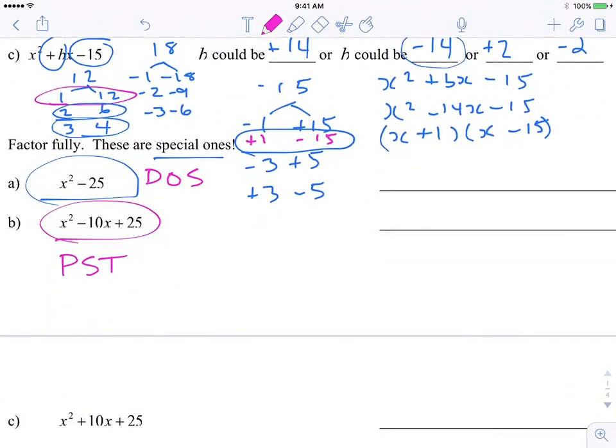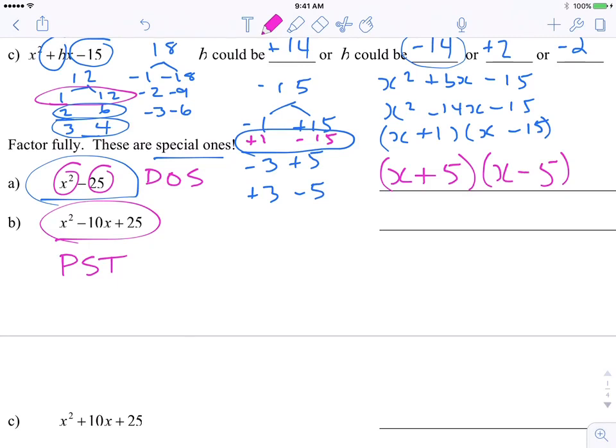A difference of squares is easily recognizable because you have a perfect square and a perfect square separated by subtraction. So the square root of x squared is x, and the square root of 25 is 5. So those are going to be our terms, and one's going to be addition and one subtraction. Why?